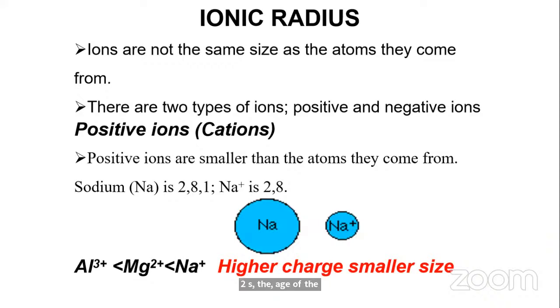When magnesium loses its 2 valence electrons, the pull of the nucleus also ends at 2p. In the case of aluminium, when aluminium loses its electrons, the pull of the nucleus also ends at 2p. But for these three species, sodium has a nuclear charge of 11, magnesium has a nuclear charge of 12, aluminium has a nuclear charge of 13.